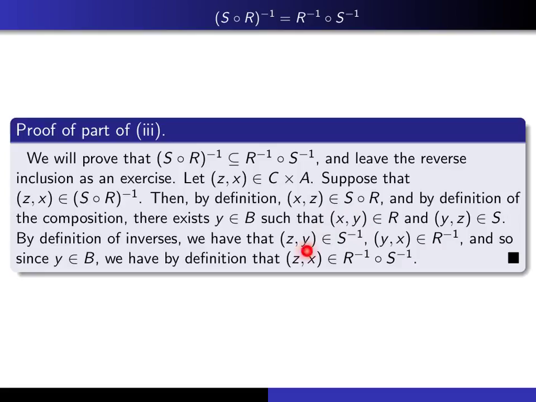So you see this linking y here, which is in B. Since y is in B, then by definition of composition, it follows that z comma x lies in S inverse composed with R inverse, which is what we wrote here. So that's what we wanted to prove. We started off by giving ourselves zx in the left-hand side, and we proved here that zx is in the right-hand side. So that proves that this is a subset of this.